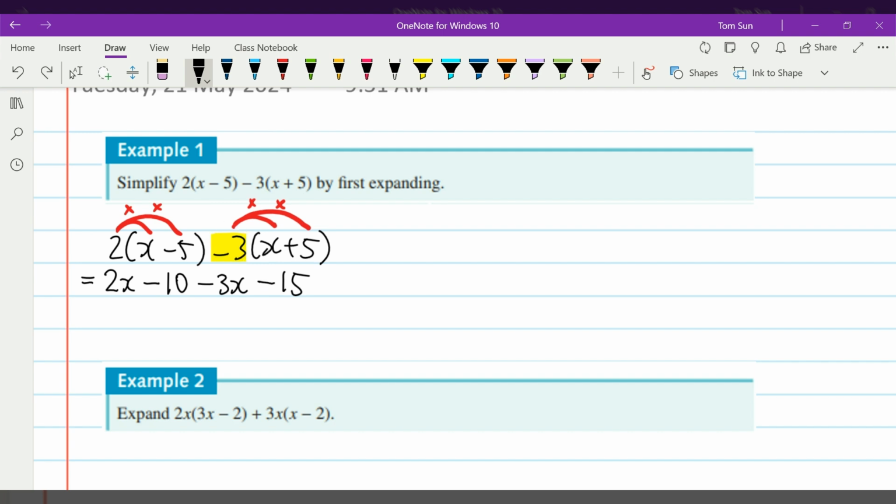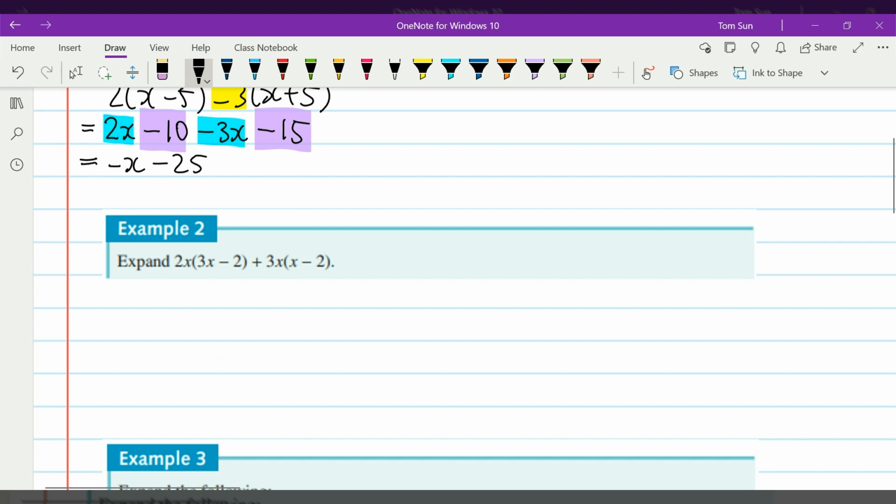Then we combine like terms: 2x minus 3x is negative x, and negative 10 minus 15 is negative 25, and there is your answer. Make sure you follow those rules correctly and you'll be fine.